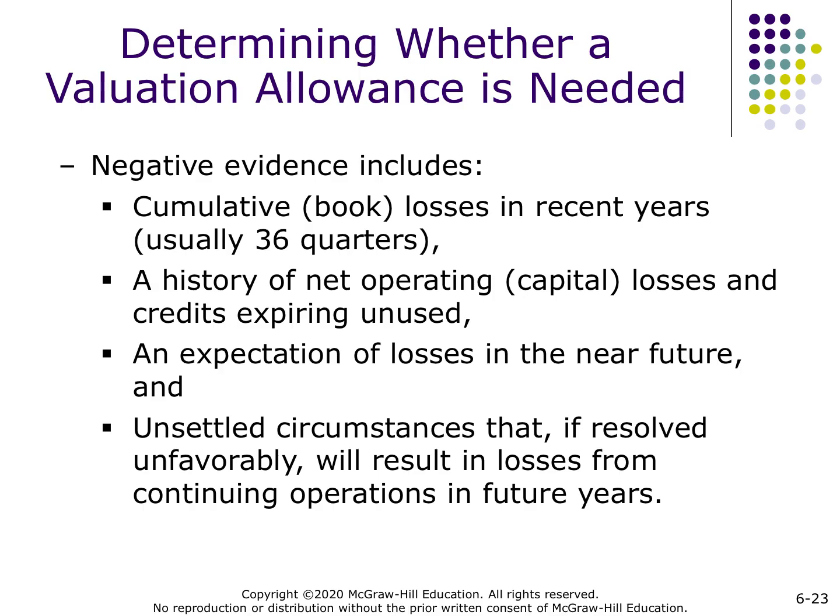And here's a whole list of negative evidence: losses, and you'll notice losses in recent years, capital losses, expectations of losses, unsettled circumstances, so any kind of legal situation, or a contract negotiation that doesn't look like it's going to go favorably. Those could all impact whether a valuation allowance is needed, because if you don't have taxable income, then the value of your deferred tax asset is significantly less.